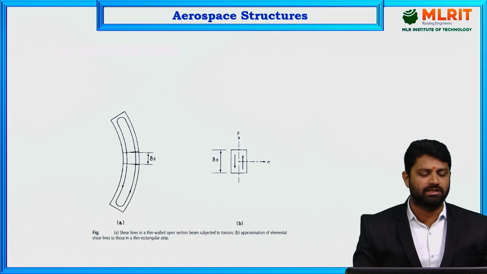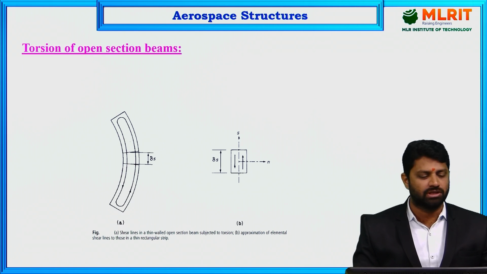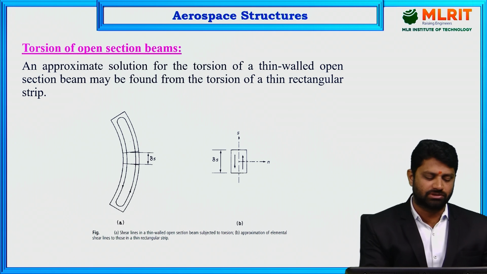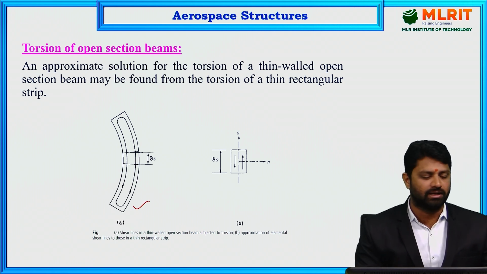Now, to understand torsion of open section beams, we consider a thin rectangular strip as shown in figure A, to which torsion is applied, and this is a thin wall beam.